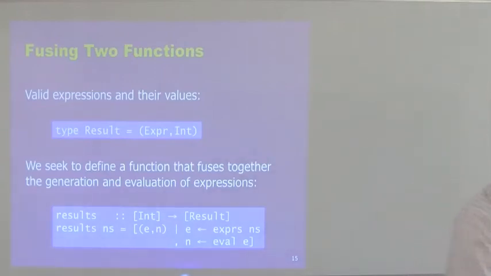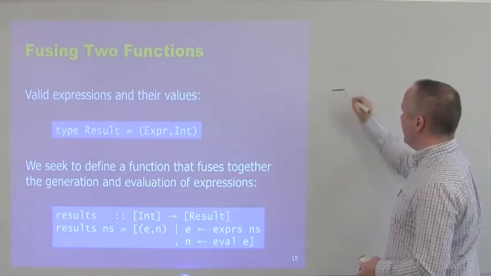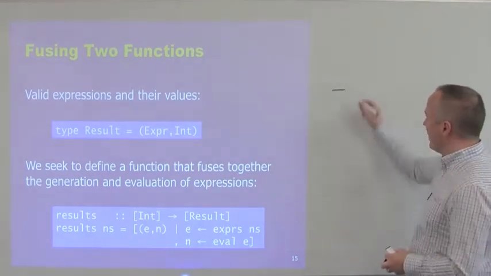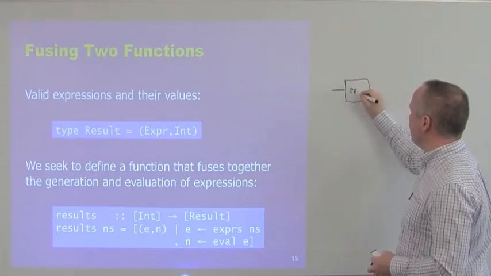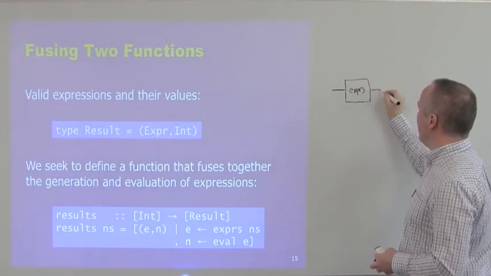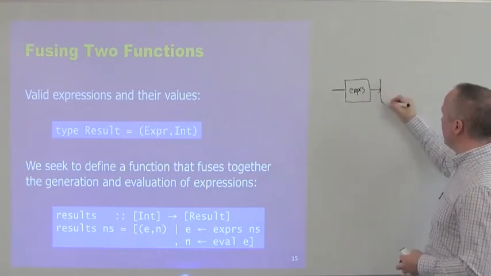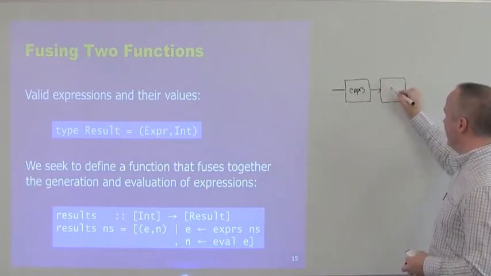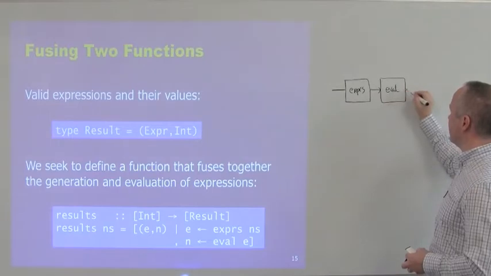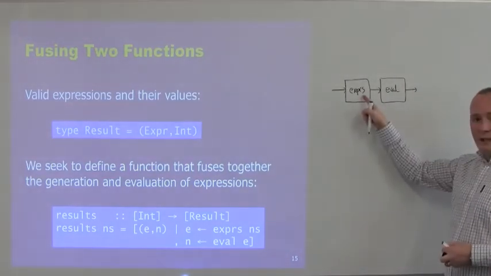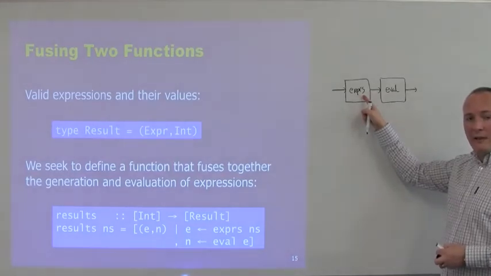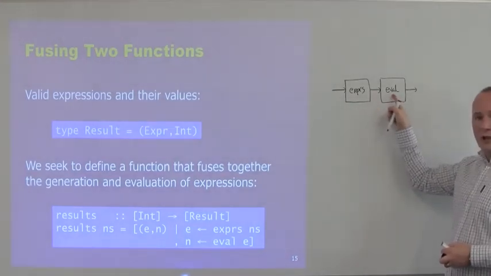We can draw a little picture at this point to illustrate what we're trying to do. Essentially we have a generate and test approach at the moment. We have an expressions function which is generating expressions, and those are being fed into an evaluation function which is evaluating them. The problem is that many of the expressions that this generates will be invalid, and then the evaluation will reject them.